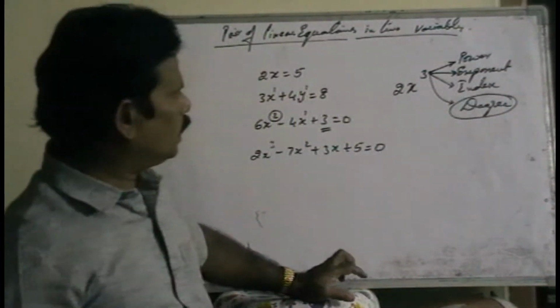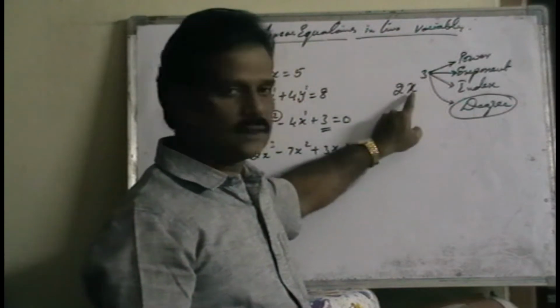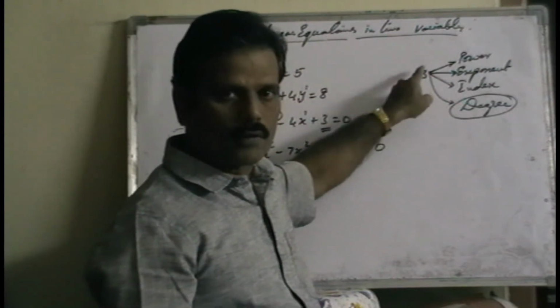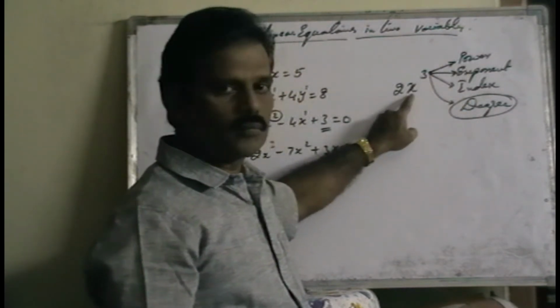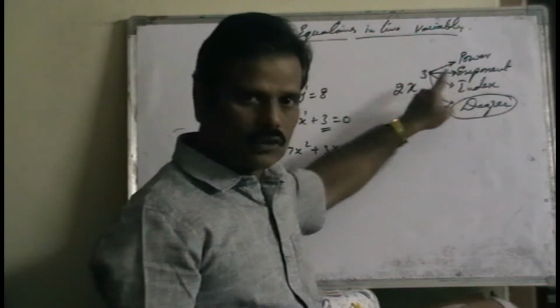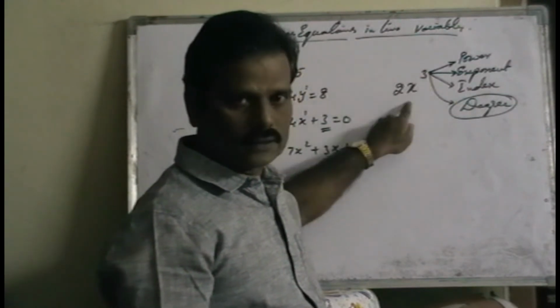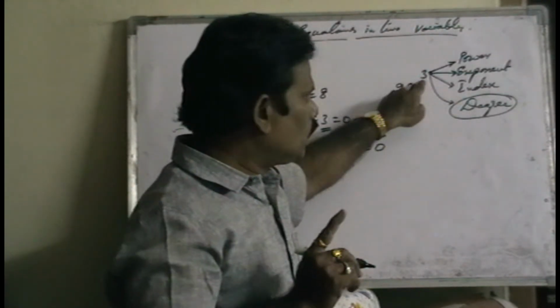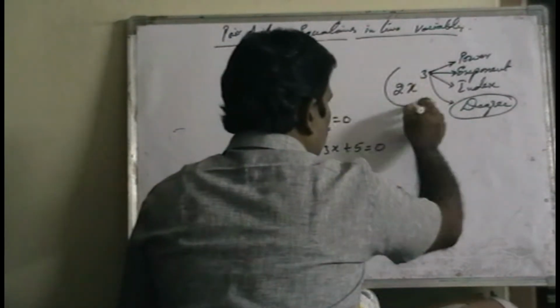But here, listen carefully, 3 is a power of x. And also 3 is an exponent of x. 3 is an index of x. But 3 is not a degree of x. Listen carefully. 3 is not the degree of x. Now 2x cube is one term.